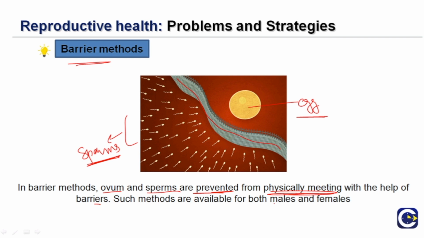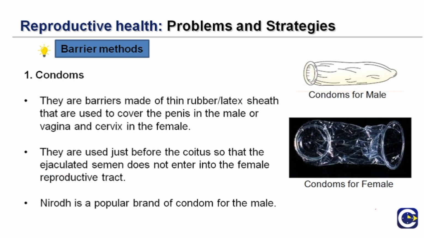Now we will look slowly, one by one, at what the available barrier methods are. The first barrier method that we will look at is the condom. Most of us might already know about condoms. They are available both for men as well as for women.